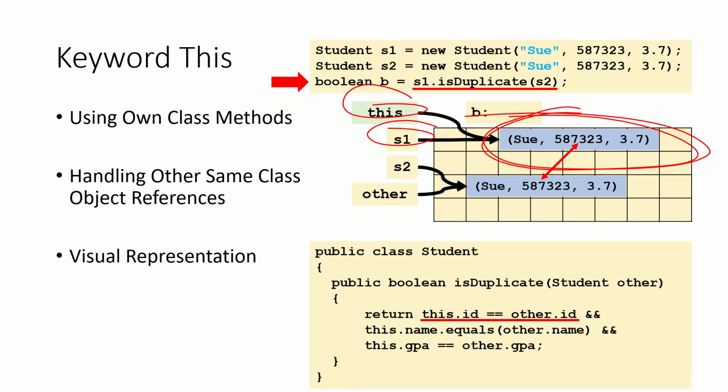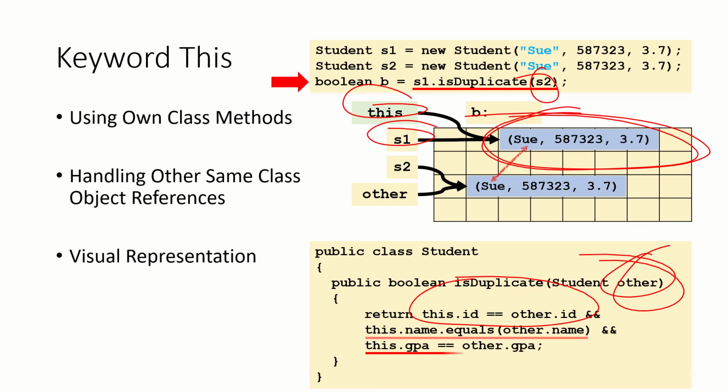The second part, we're trying to compare with other. In this method, we input S2 as other. Then we compare with this other, then return the value, true or false, right?